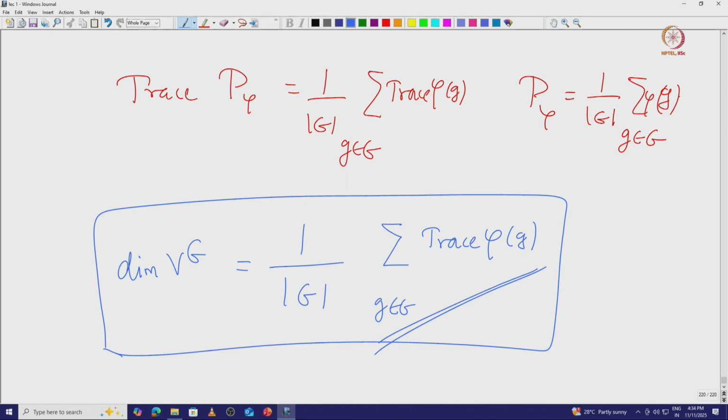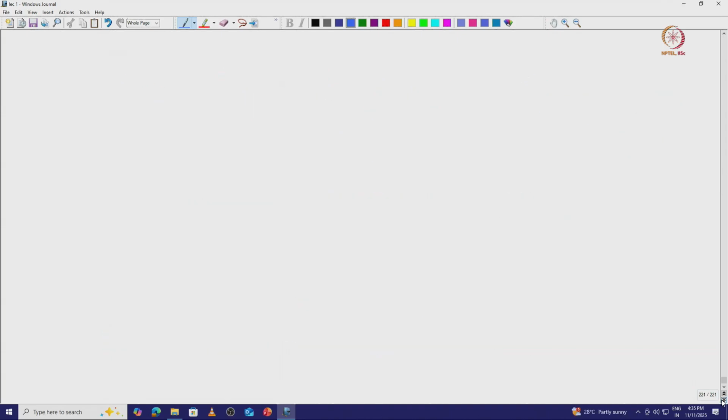So, maybe when it is needed I will again recall this result. You can already see that trace started appearing in order to compute the dimension of this fixed subspace. So, that means the traces are actually going to play an important role in representation theory. So, that is indeed the case.